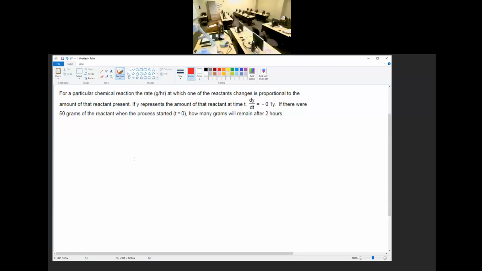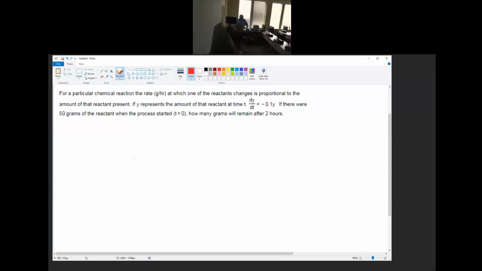For a particular chemical reaction, the rate in grams per hour at which one of the reactants changes is proportional to the amount of that reactant present. If Y represents the amount of that reactant at time t, then dy over dt is equal to negative 0.1 times y.